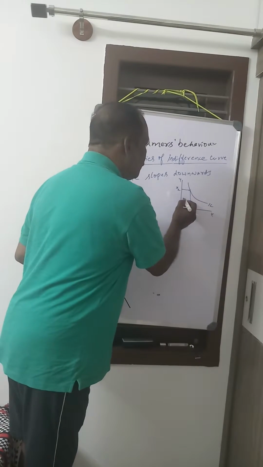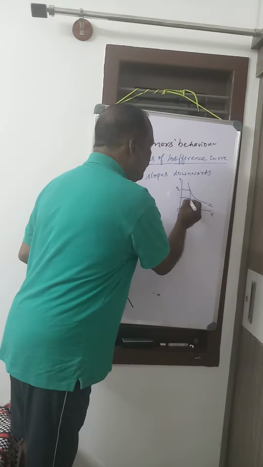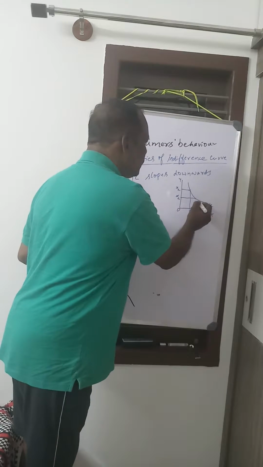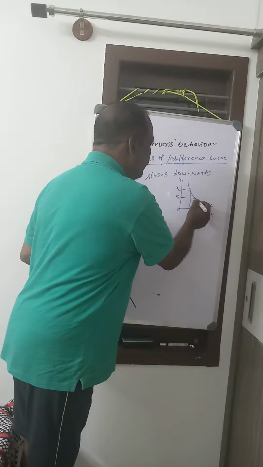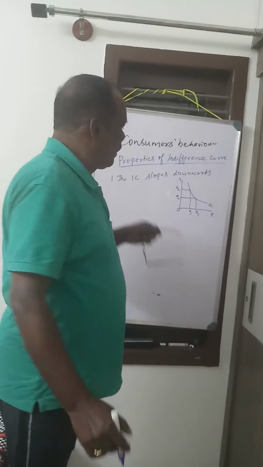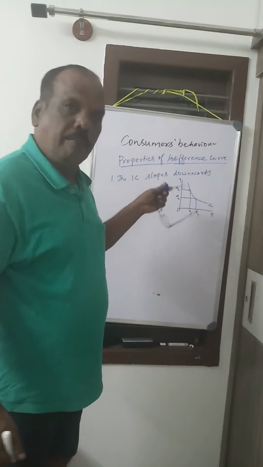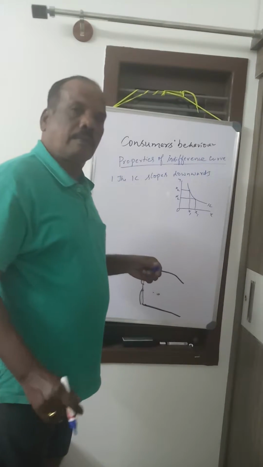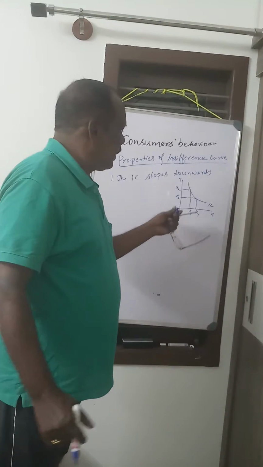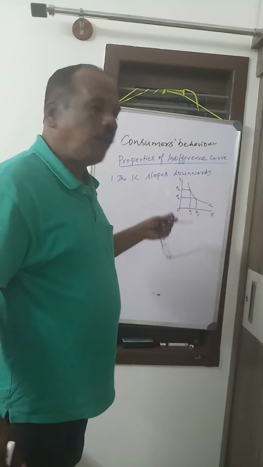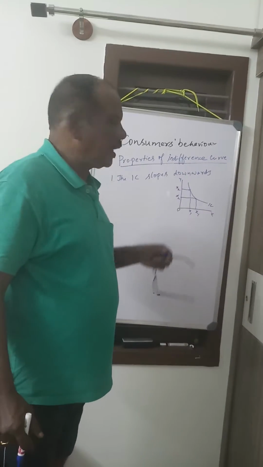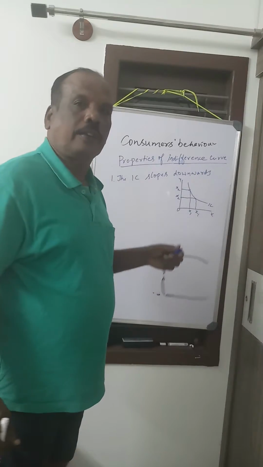And suppose he reduces X2, he increases X1. It means when he wants to have more of X1, he has to forego X2. He has to sacrifice X2.